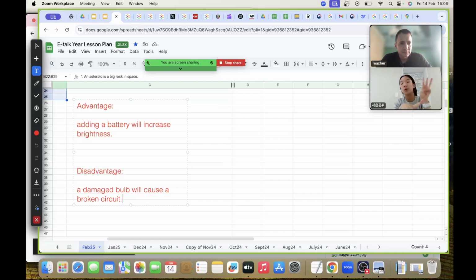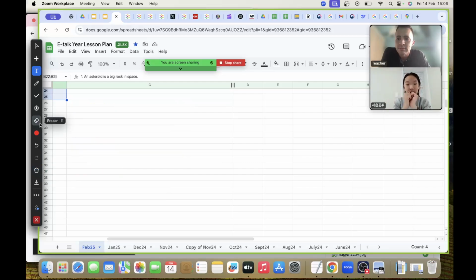But if we add one more battery, it'll be brighter than before. Nice. And disadvantage is, if we have two light bulbs and one battery, one of the light bulbs blows up, but the other one will not work because it has only one path. So that path is broken.